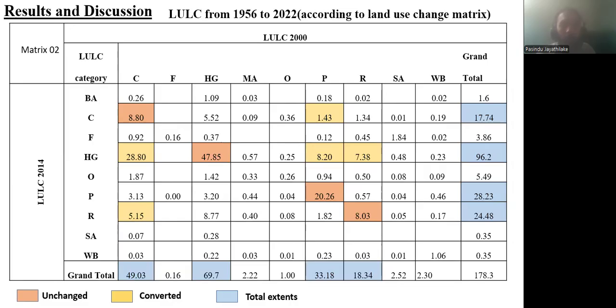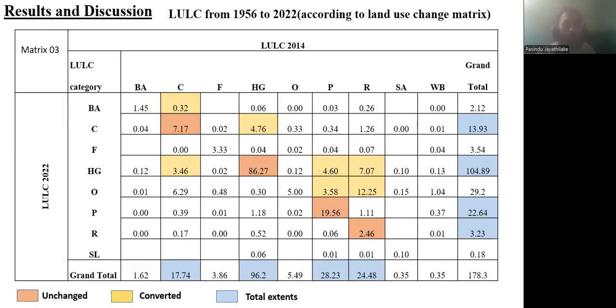Paddy cultivation was converted into coconut cultivation, with a land extent of 1.43 square kilometers, and previously paddy land of 8.20 square kilometers was converted to home gardens. Considering 2014 and 2022, we were able to observe the change of paddy cultivation into home gardens and other types of agricultural cultivations.